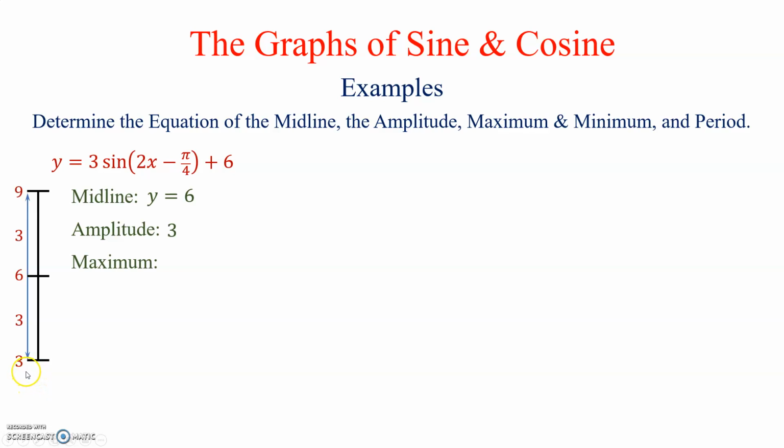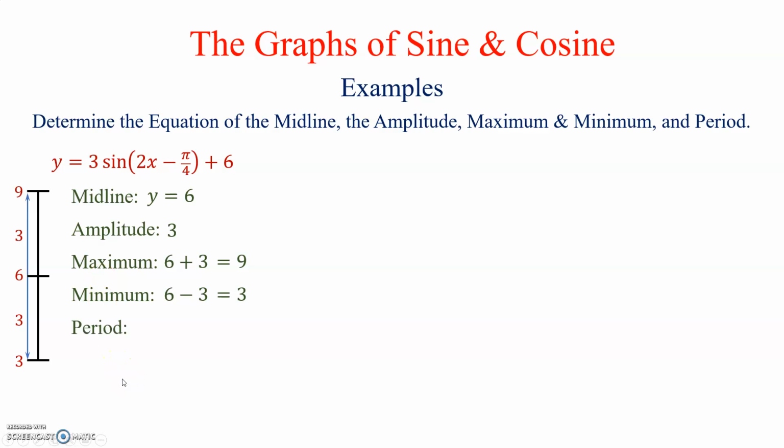So visually, you can see how we can get the maximum and minimum by applying what we know about the midline and the amplitude. The maximum we essentially got by doing some arithmetic, simply 6 plus 3, or the midline plus the amplitude, obviously 9. While the minimum is the midline minus the amplitude, and that gives us the 3. So that's just a visual to help assist with finding the maximum and minimum.